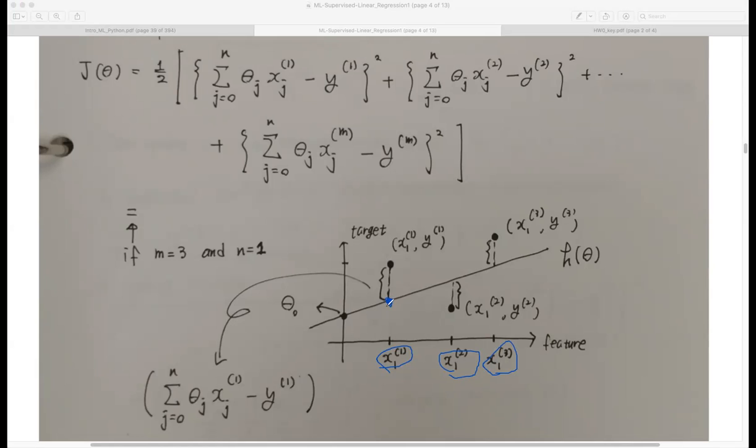The y value of this point, the second coordinate of this point, represents the approximation of the price obtained by the hypothesis h of theta. Then let's say the actual price of the house is y super 1 right here. Then there is a difference, that's this.